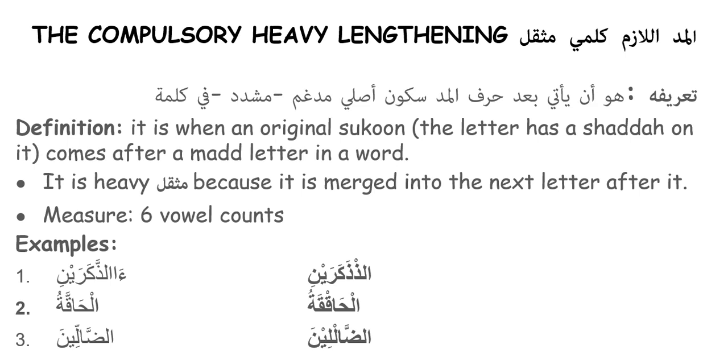It is called muthaqqal, heavy lengthening, because it is merged into the next letter after it, and the lengthening is measured with 6 vowel counts. We have examples to explain the original sukun in the word.